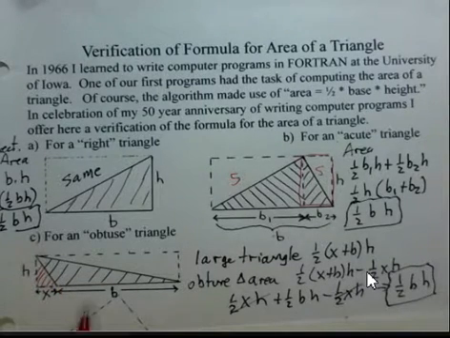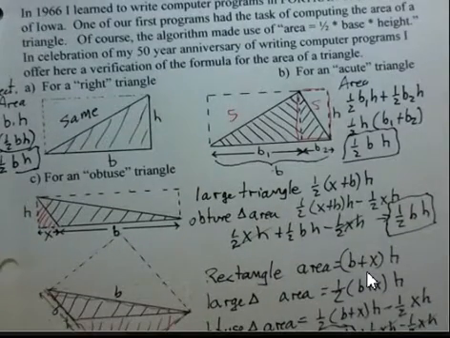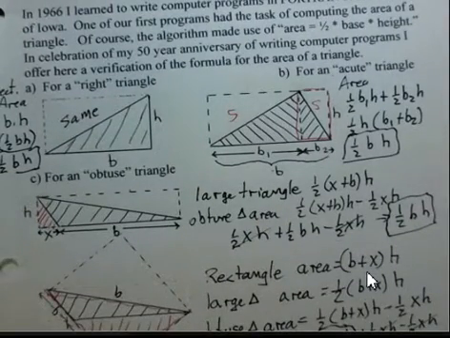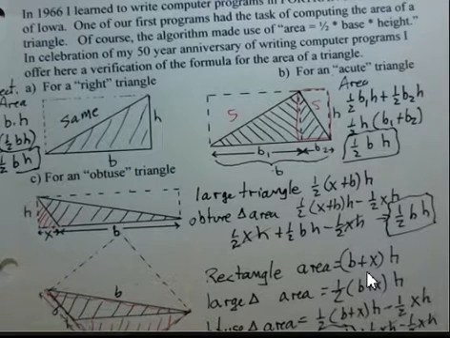But you may be curious, I selected this side to be the base. What if some other side was the base? Well, let's try that. Here, it's the same triangle. I tried to draw it as best I could to be the same triangle. But now we're going to choose a base here.